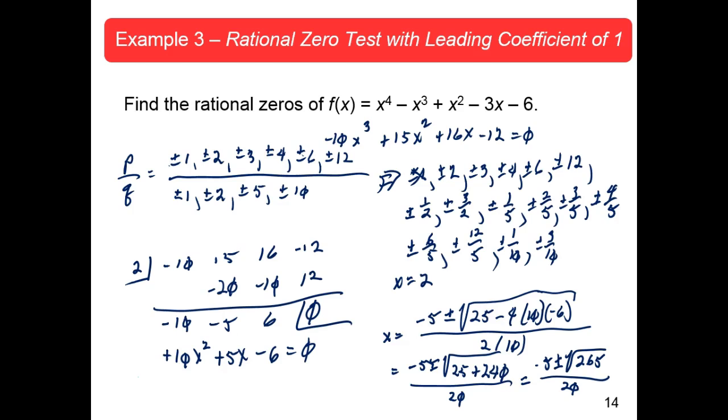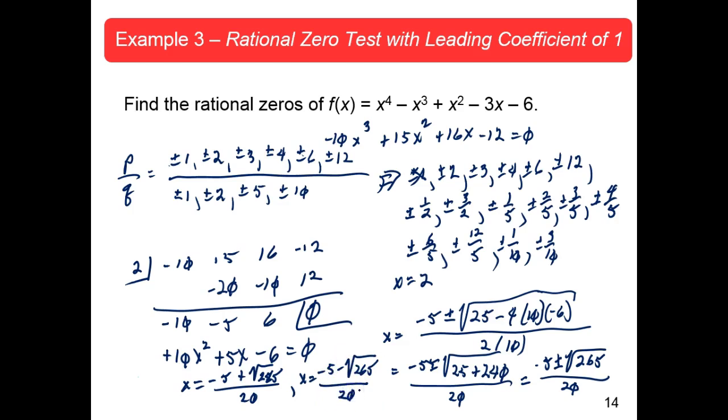It said find all the real zeros. So the next one is x equals minus 5 plus the square root of 265 over 20. And the other one is x equals minus 5 minus the square root of 265 over 20. Guess what?